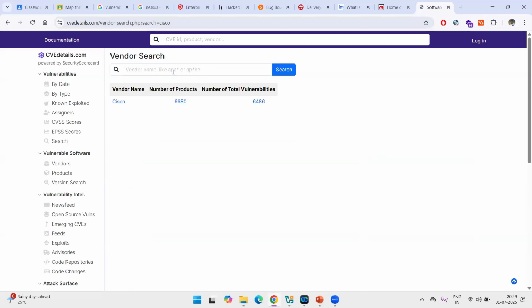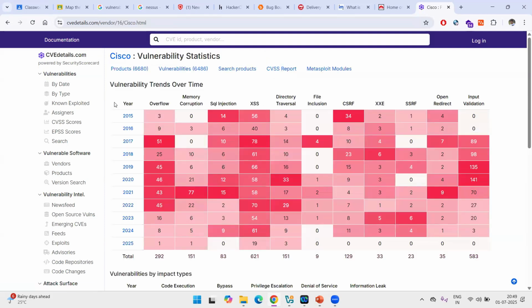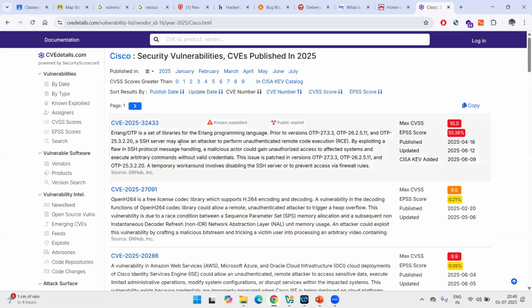Let me search with Cisco because they are a well-known vendor in the networking part. See year on year how many vulnerabilities are identified and the categorization. Buffer overflow, memory corruption, SQL injection, these are various vulnerabilities. Suppose I'm going to 2025. Here is the CVE for this specific vulnerability. What is this?